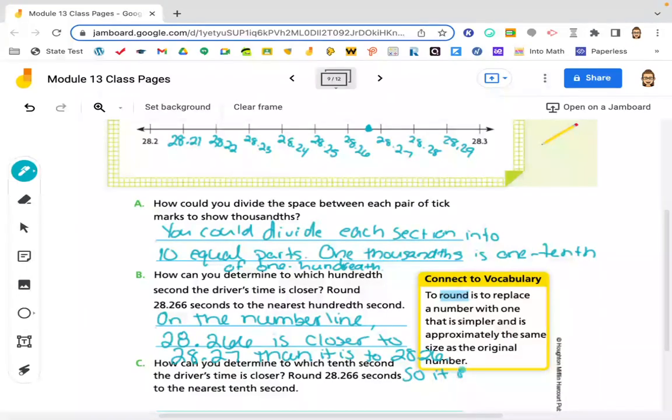So it rounds to 28 and 27 hundredths seconds.